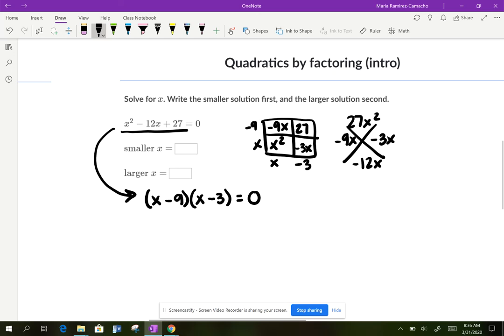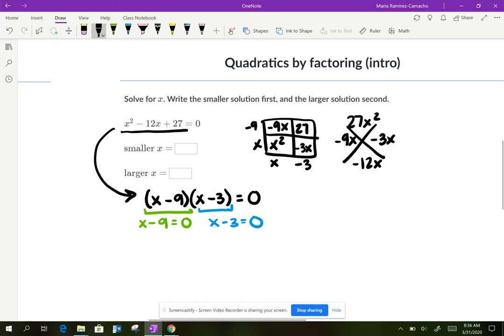Okay, what we learned yesterday in the zero product property exercise again is that anytime you have something being multiplied to something else and it equals 0, one of those things has to be equal to 0. So either x minus 9 has to be equal to 0, or x minus 3 has to be equal to 0.